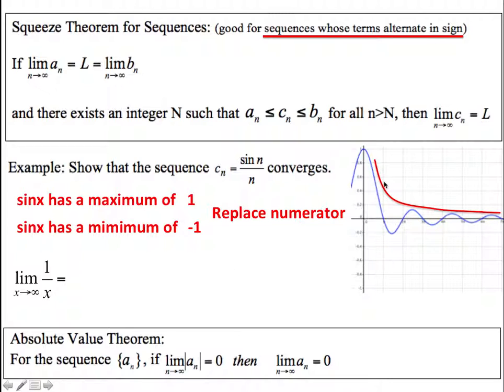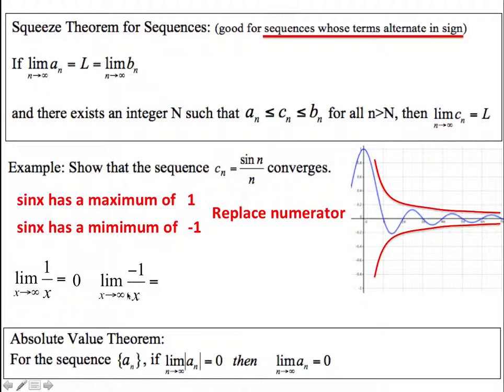If we notice, it hits all those peaks of the oscillations. As we go out to infinitely many terms, this is going to approach 0. And if we put -1 at the top and take the limit as x goes to infinity, well, -1 over x looks like this.